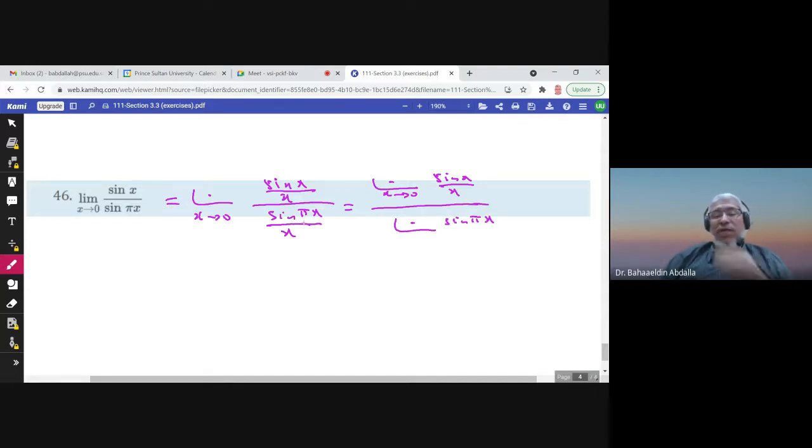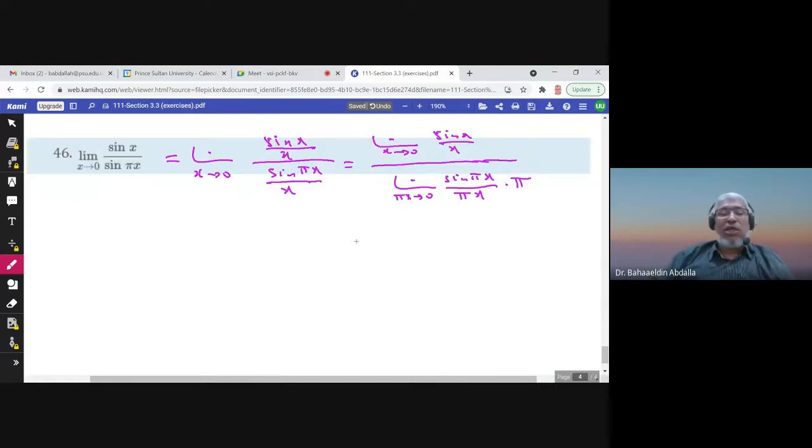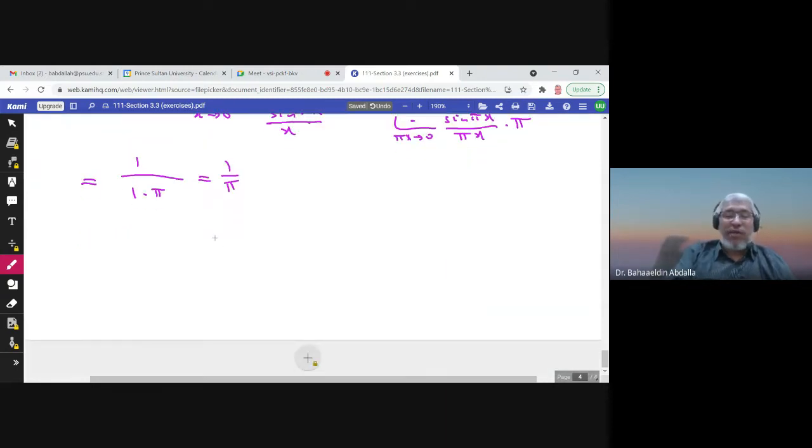But in the denominator, I have sine pi x over x, so I need pi here. So I will multiply by pi here, and there will be pi here. And when x goes to 0, pi x goes to 0. So using the limit, this limit is 1, and this limit is 1 times pi. So the limit is 1 over pi.